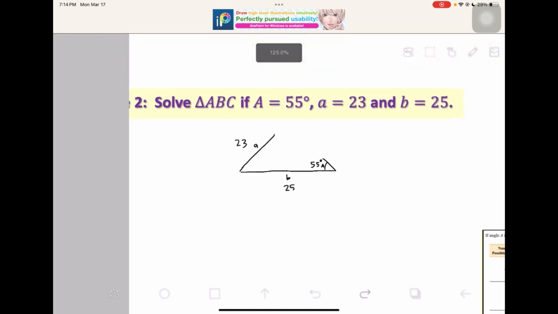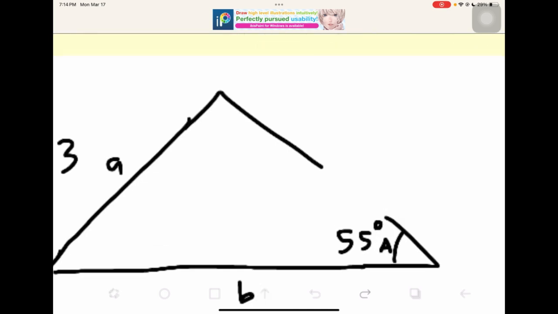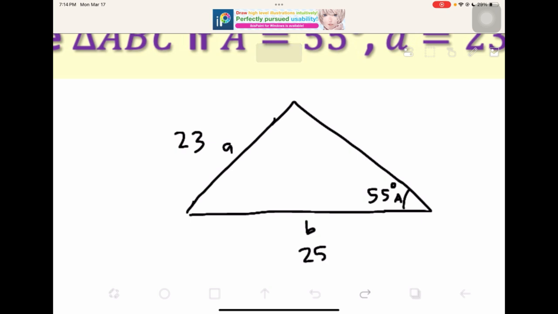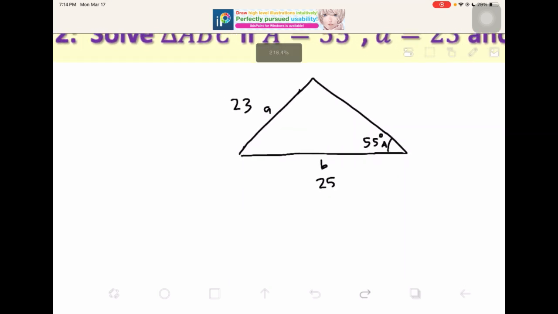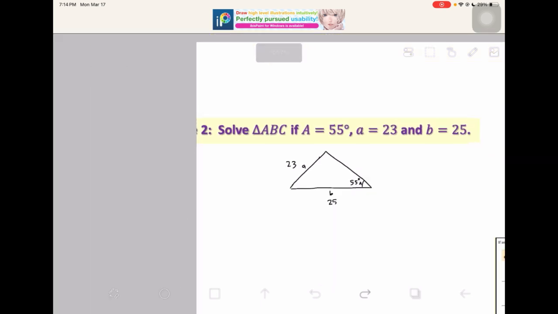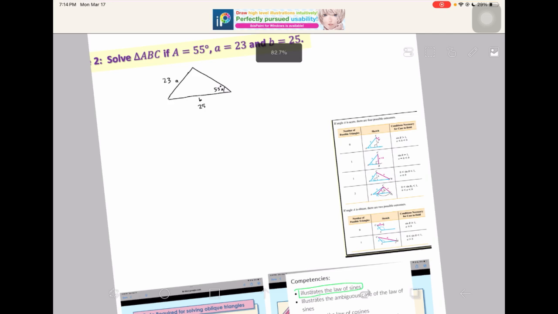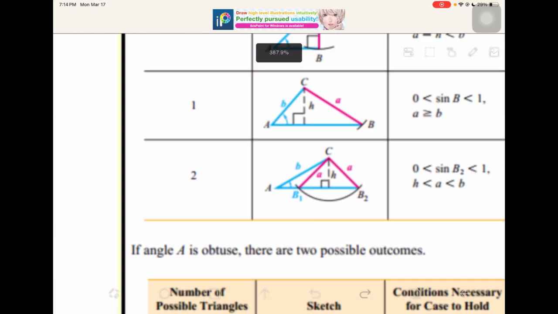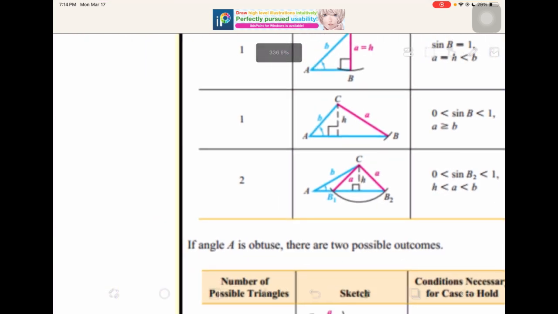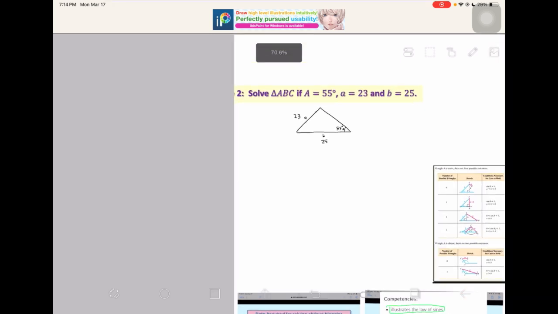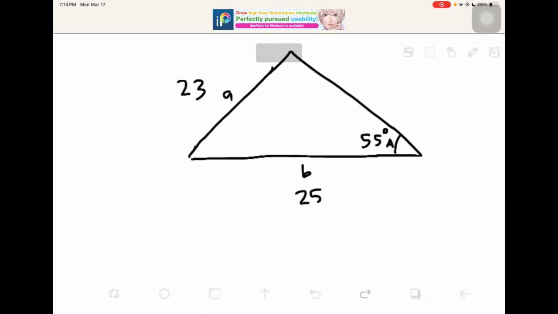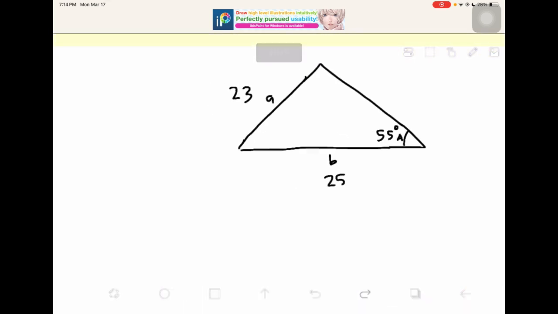So we need to solve for if there's two or more possible triangles that we can form with these given measurements. So this is actually going to be something like this, and I'll show you later. Alright, so first and foremost, we can use the law of sines to begin with here.